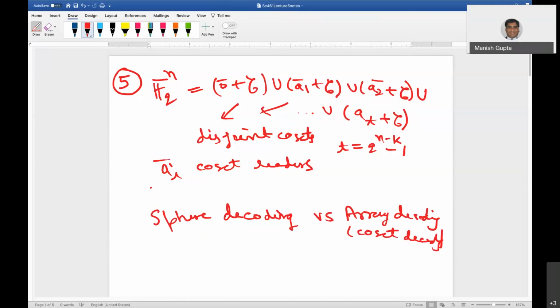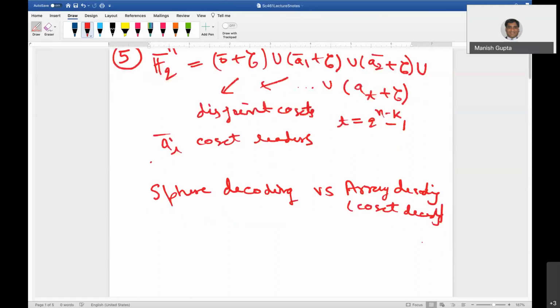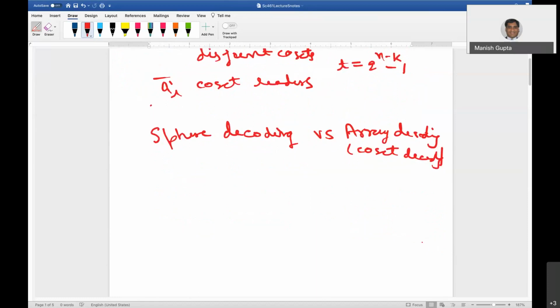So in sphere decoding, what used to happen? I can just do the analysis for you. So X was sent, Y is received. Then Y belongs to some sphere, and suppose T errors occurred.